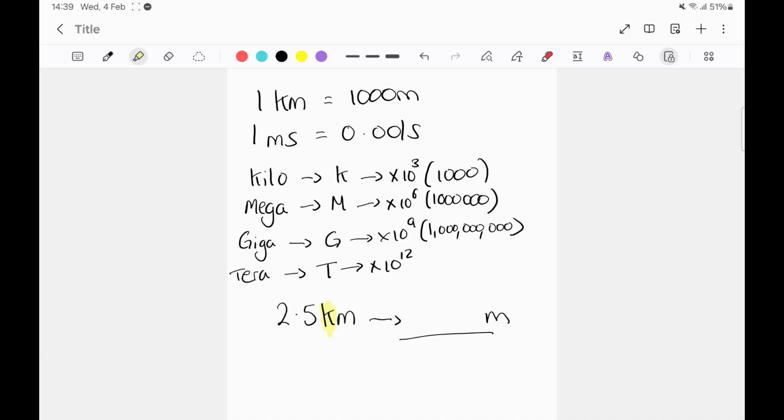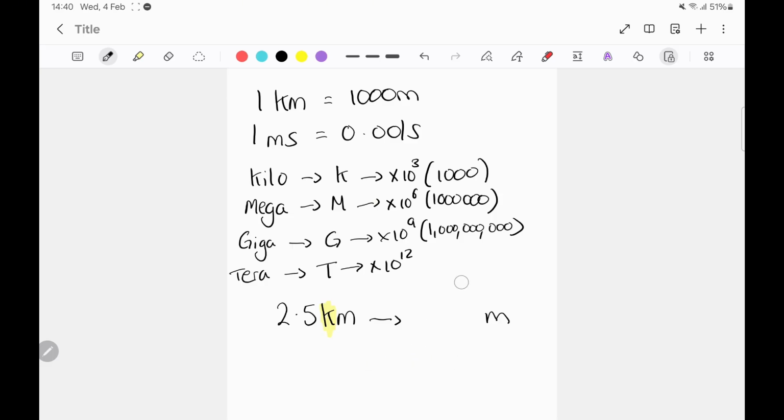We know that kilo just means multiply by 10 to the power of 3. If I work that out, that is 2.5 times 10 to the power of 3, which you can either put into your calculator or remember it's times 1,000. So this is 2,500 meters.